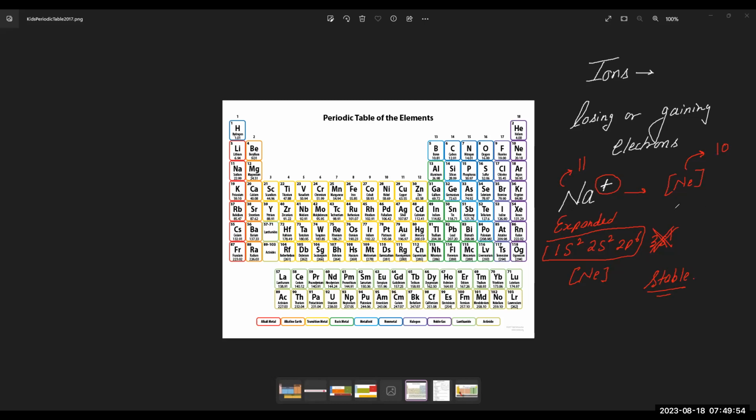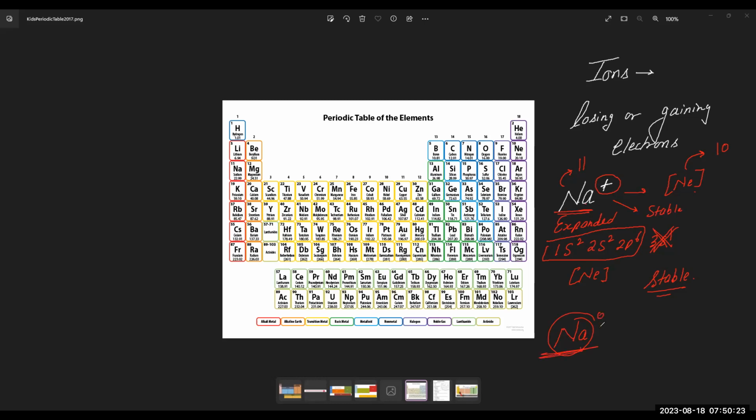Electrons keep changing during chemical reactions, so we identify elements from their atomic numbers, that is, the number of protons. But the electron configuration of sodium plus is the neon configuration and it is very stable. That's why you will never see sodium with no charge in nature.